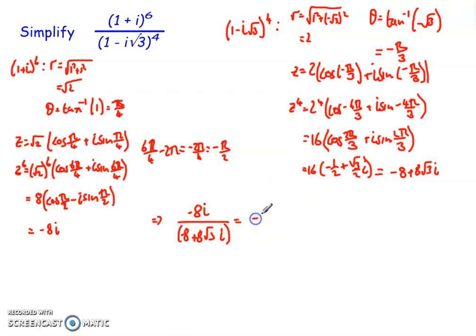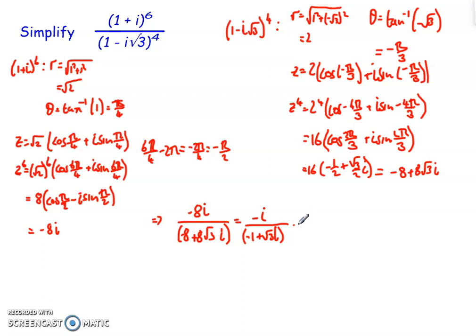What I then end up getting is negative i over bracket negative 1 plus root 3 i on the denominator there. And then what I want to do at this stage is get rid of the imaginary number on the denominator, so I multiply the top and the bottom by the complex conjugate of what's on the denominator to eliminate that.